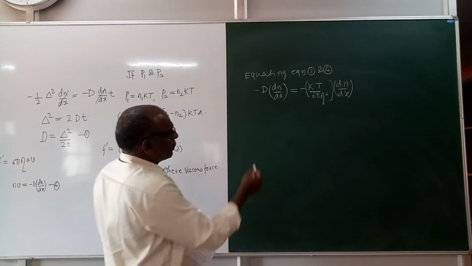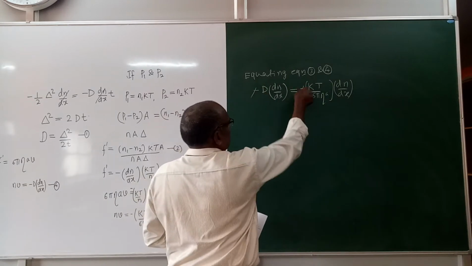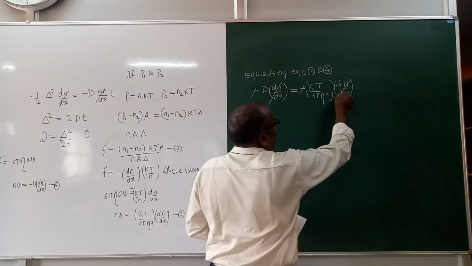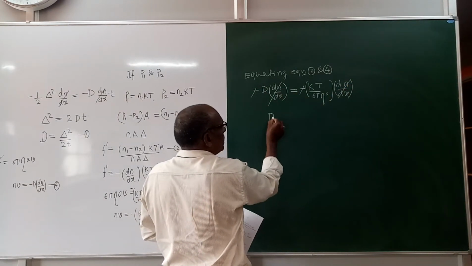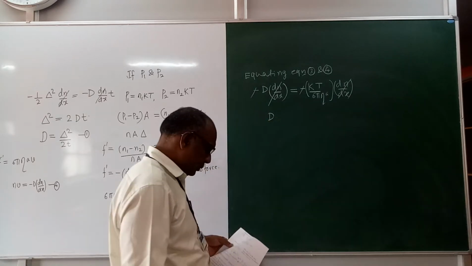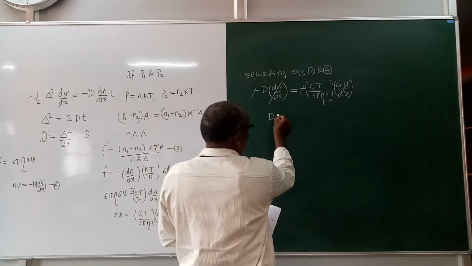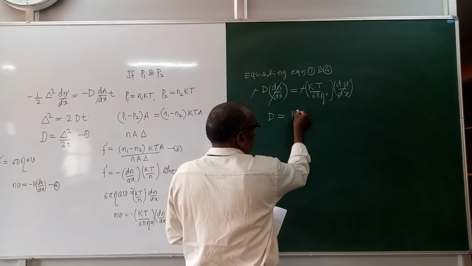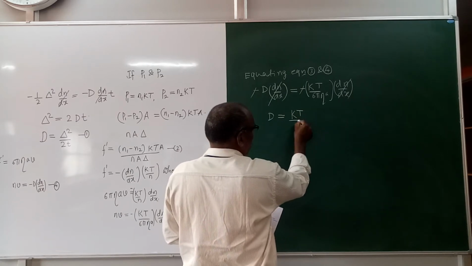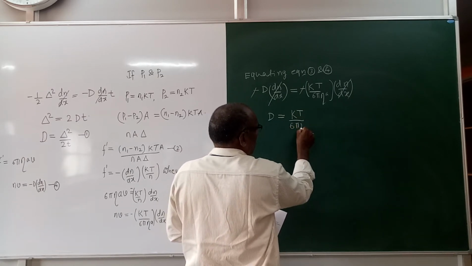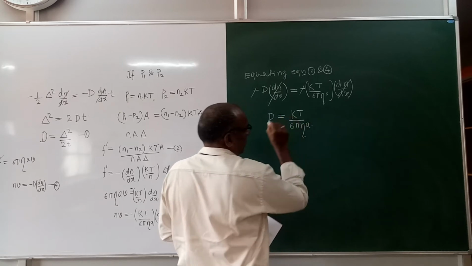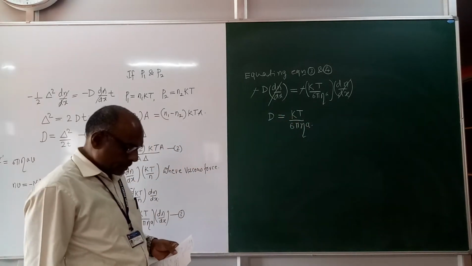Right. So this gets cancelled here, this gets cancelled. So the D, the coefficient of diffusion, is equal to kT upon 6 pi eta into a, where a is the radius.